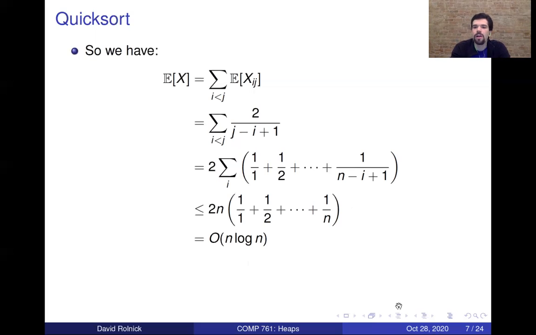And since log of n plus 1 and log of n plus 1 are both theta of log n, we're done. So it's upper bounded by theta log n and lower bounded by theta log n.